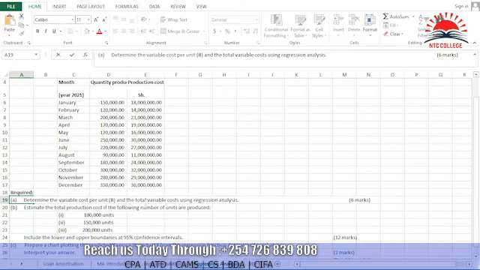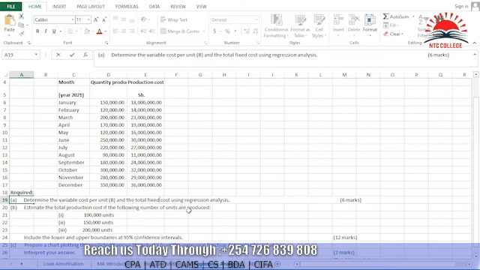The question talks of a total variable cost. Now this is not right. So please adjust this and let this be the total fixed cost.